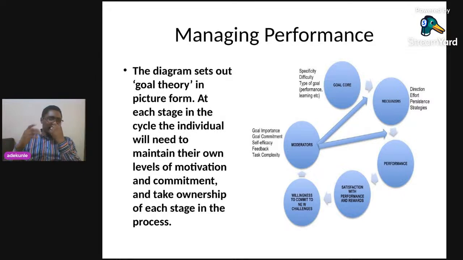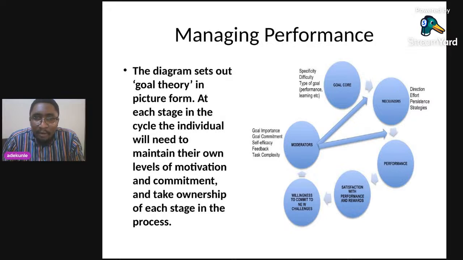So if you look at this diagram, looking at the goal theory picture, which is the MBO we just spoke about, it gives out each stage. It's looking at the stages in the cycle of an individual that will need to be maintained so that their level of motivation and commitment takes precedence. So you can see from the chart how the individual goals are married together.